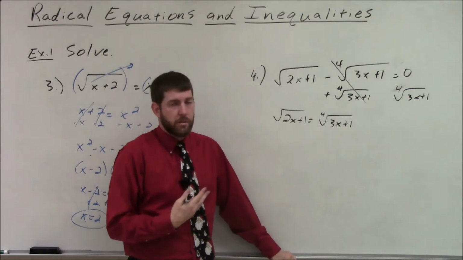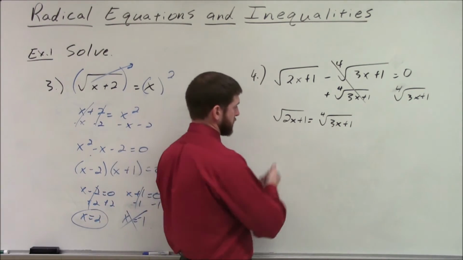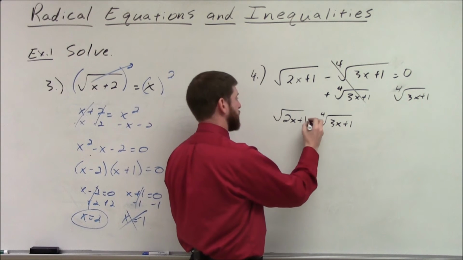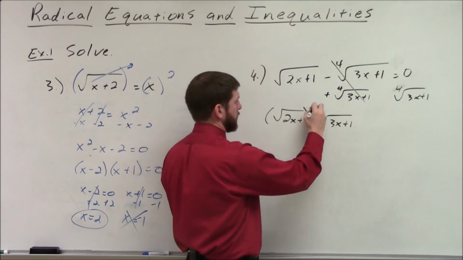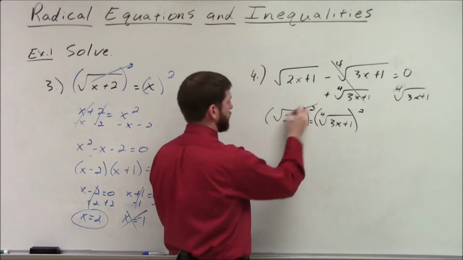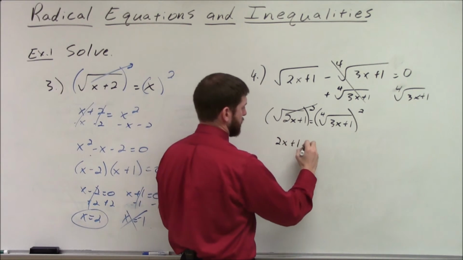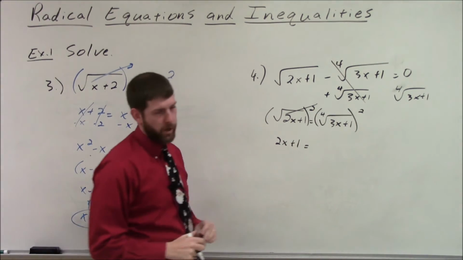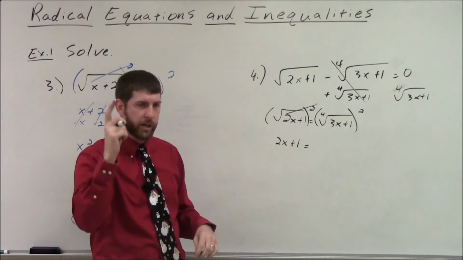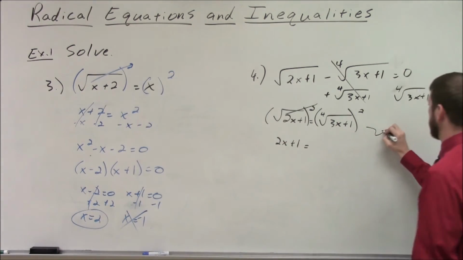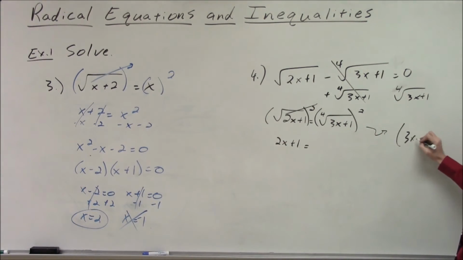Now, I'll just get rid of the smaller one first, just because it's the one I'm looking at. It really makes no difference. So how do we get rid of a square root? We square it. So cancel that, you're left with 2x plus 1. What happens when you square a fourth root? Well, think about what's going on. Fourth root means 1/4 power.